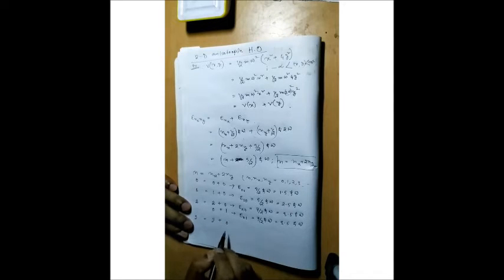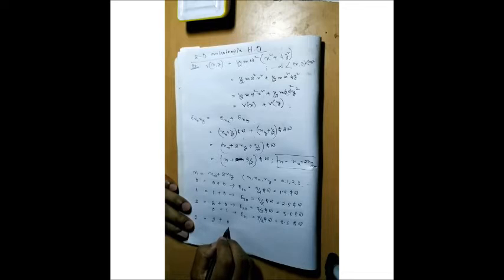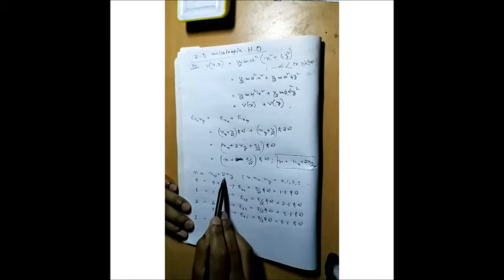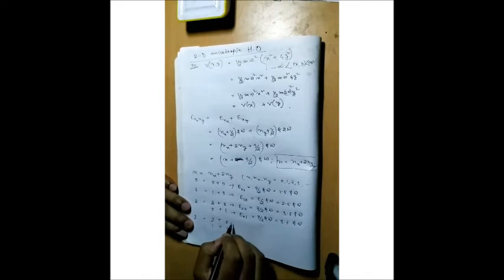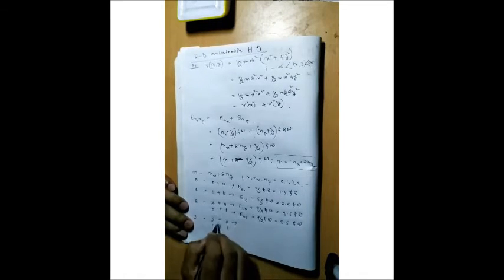Or ny equal to 1 and nx equal to 1, this is another combination. This 2 into 1, so 2 plus 1, I will get 3, or 3 plus 0. Any other combination possible here? If I take ny equal to 2, it will be greater. So these are the two possible combinations.